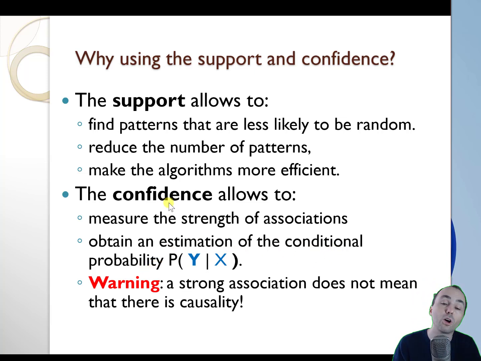If you have the confidence of x imply y, it is like the probability of y given x in statistics actually. So this is really interesting compared to item set mining. It can help you to find the sets of items that have a strong correlation. Okay.